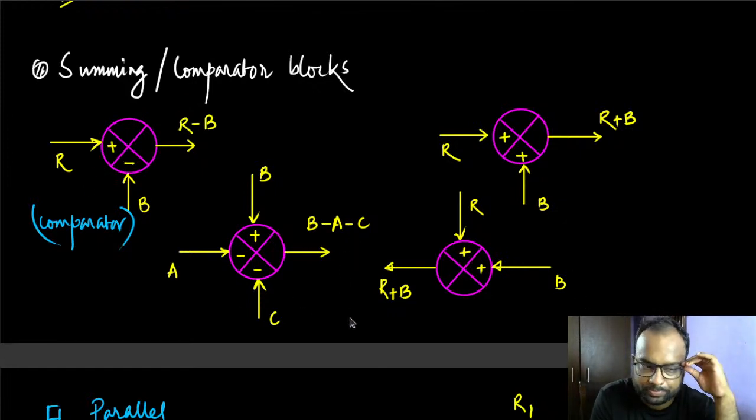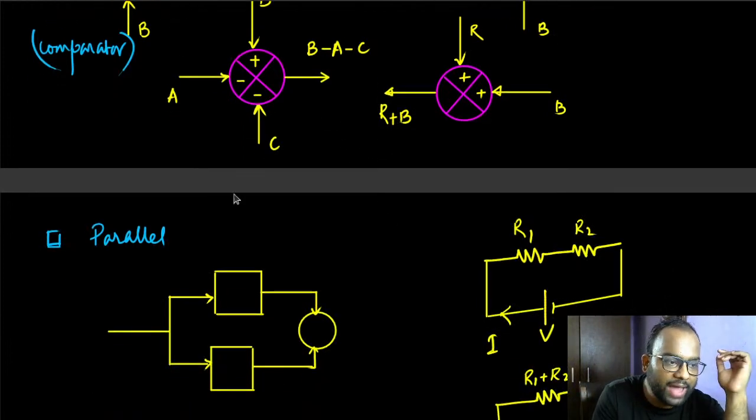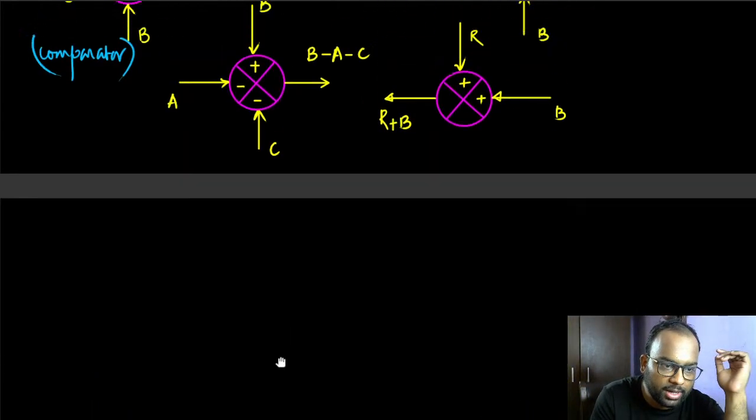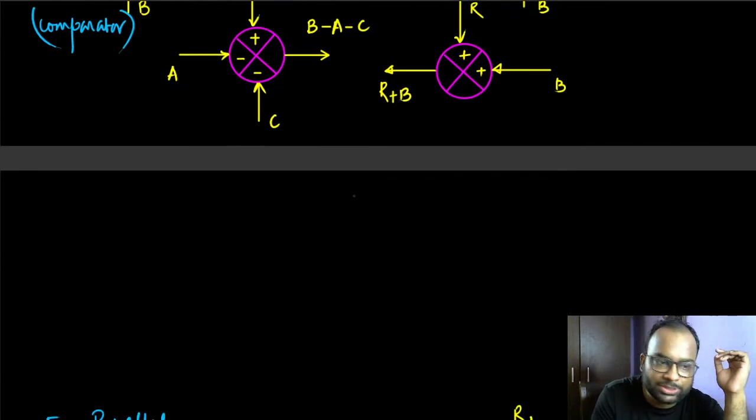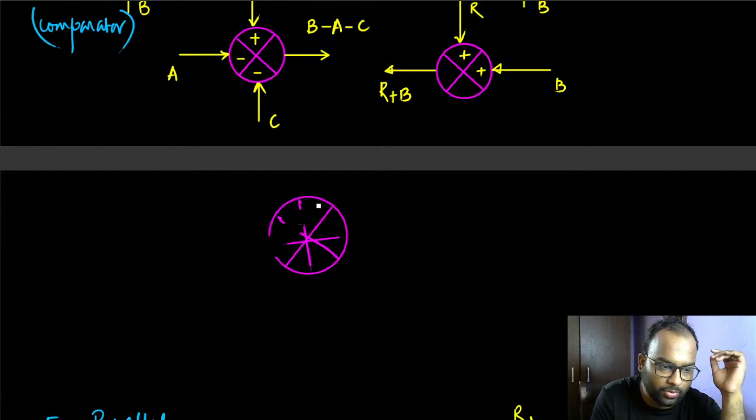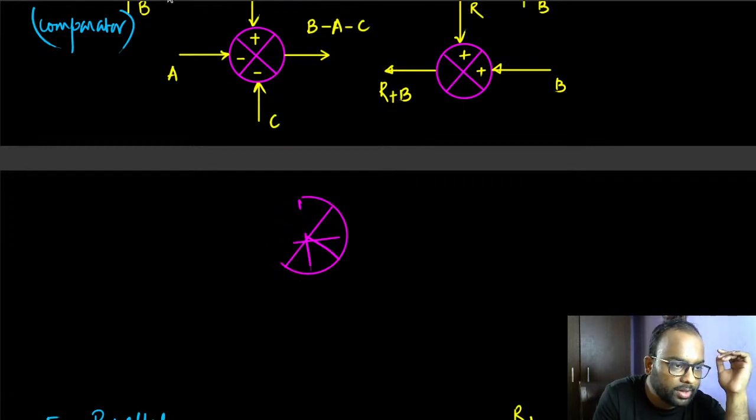The question is, what if we have more inputs than these? The idea is not to make a circle and draw something like this. The idea is to use a generalized context.